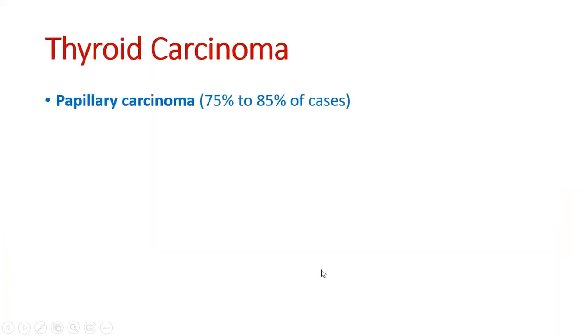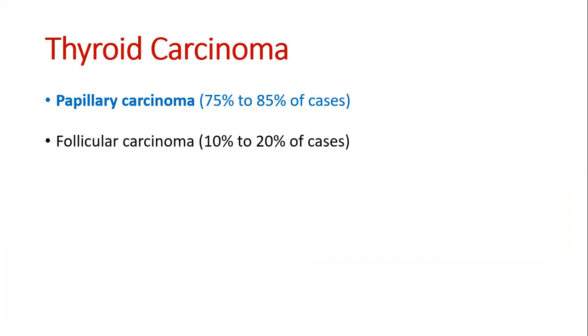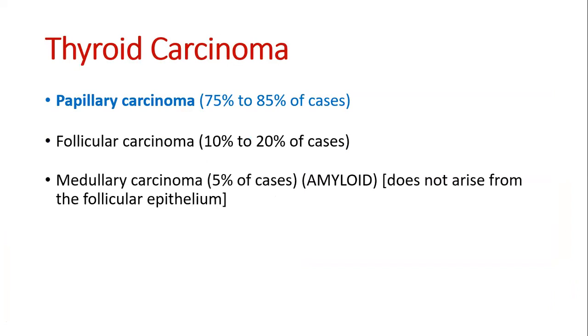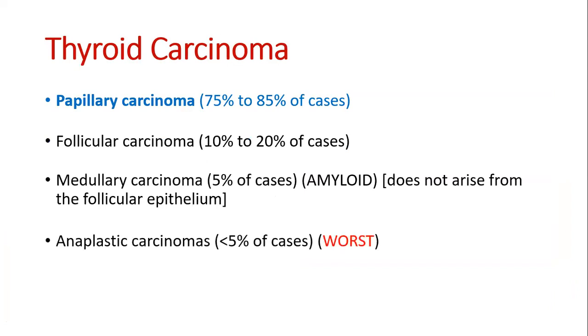Coming to thyroid carcinomas, there are different types. The most common is papillary carcinoma of thyroid. Then there is follicular carcinoma, medullary carcinoma, and anaplastic. Each one has its own incidence. The most common is papillary, 75 to 80%.